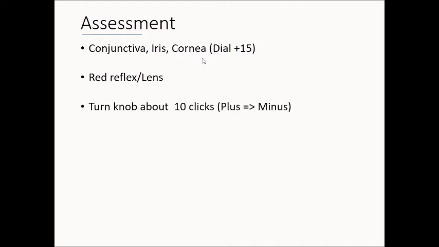I'll then turn the dial about 10 clicks from where I am, about plus 15, in the direction of minus. And at that point, details of the fundus should come into view. And I particularly want to keep adjusting until I can bring the vessels of the fundus into a clear view.